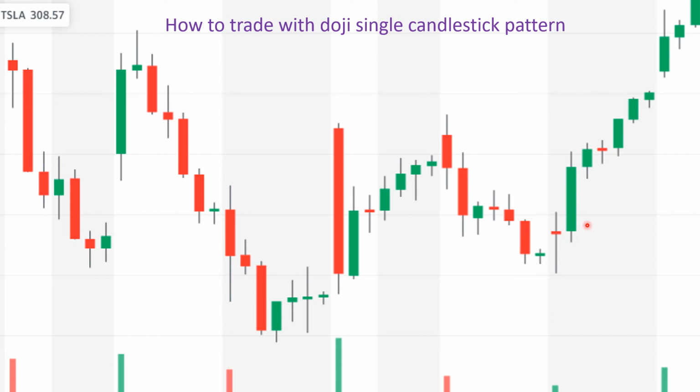Traders should wait for the next candle to see what happens, and this long bullish candle, as soon as it passes the high of this doji, you can enter the trade and put your stop loss 1 or 2 ATR below the low of this doji, and you see after that the trend is going sharply upward.